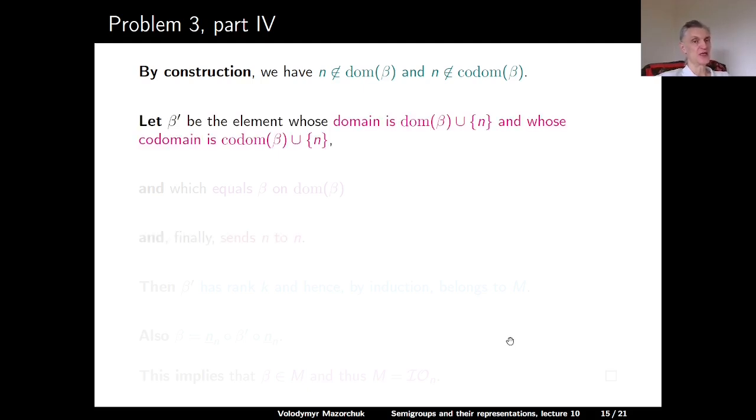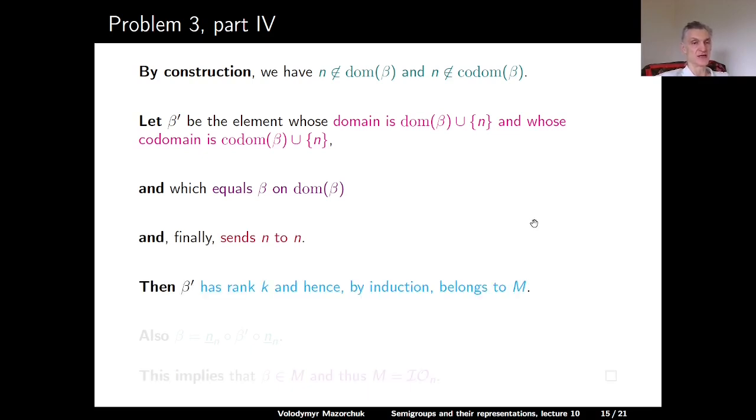Consider now the element beta prime, which is obtained from beta by extending it by the identity map from n to n. So beta prime has domain the domain of beta union with n, and codomain the codomain of beta union with n. On the domain of beta, beta prime is equal to beta, and finally it sends n to n. We just trivially extend beta to this beta prime.